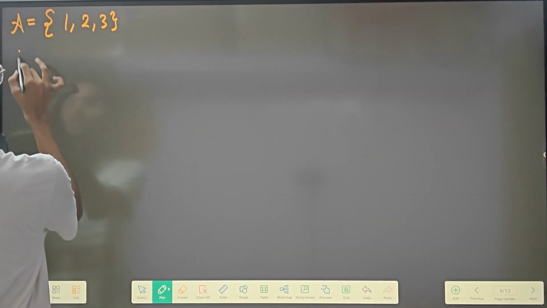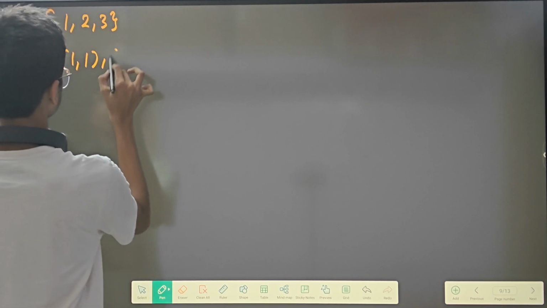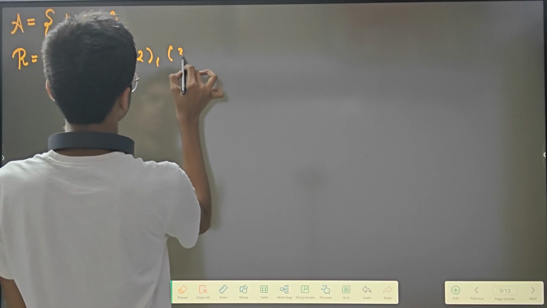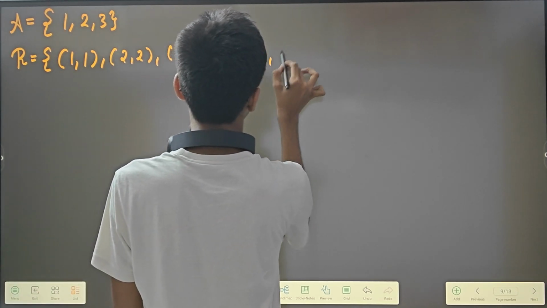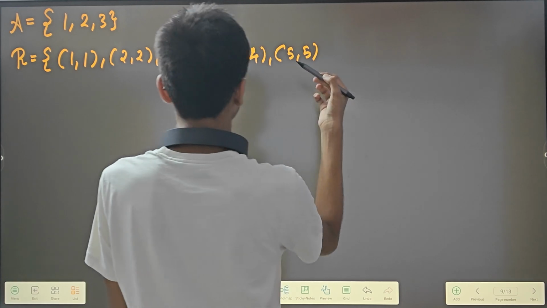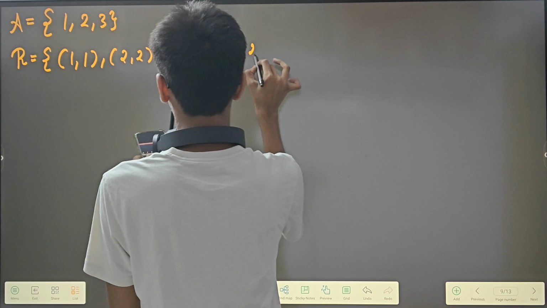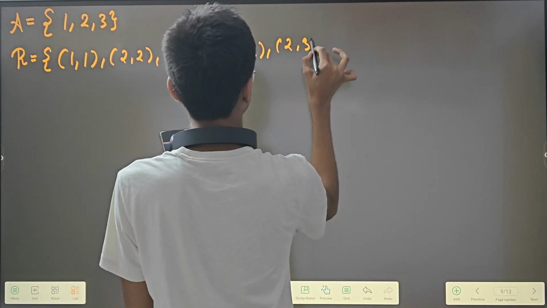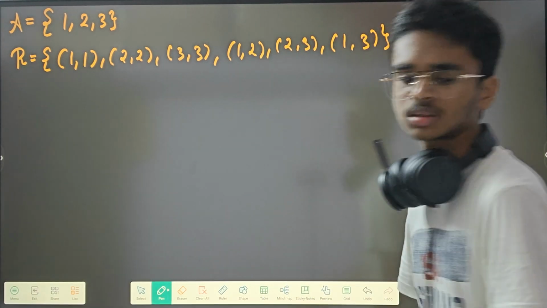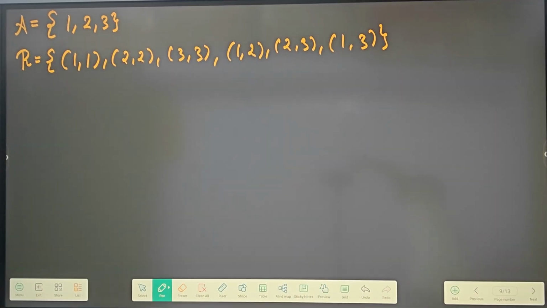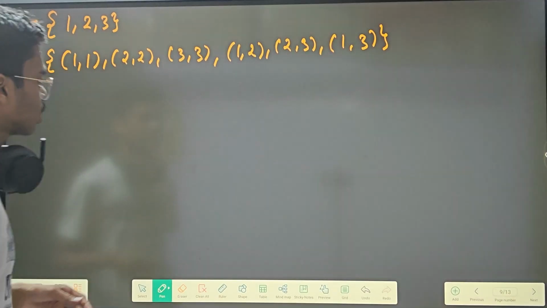And then the relation R is equal to (1,1), (2,2), (3,3), (1,2), (2,3), (1,3).